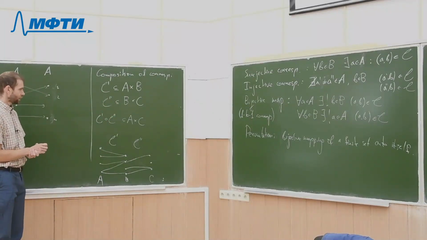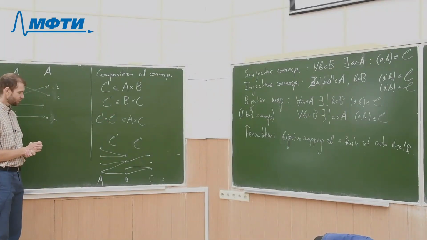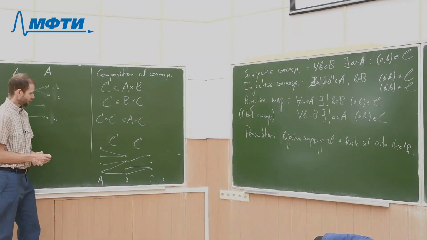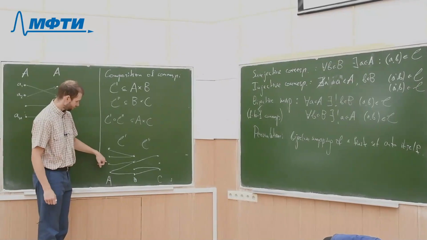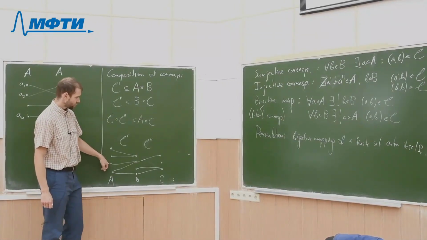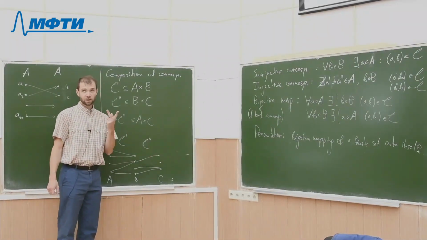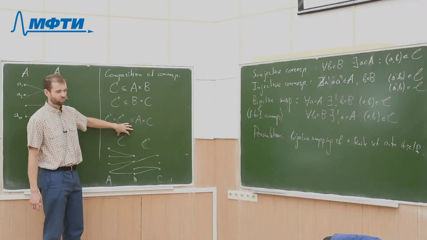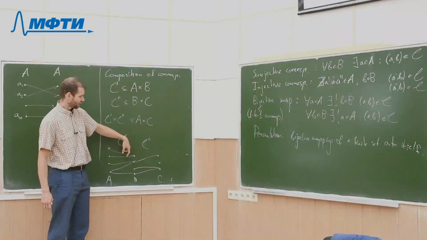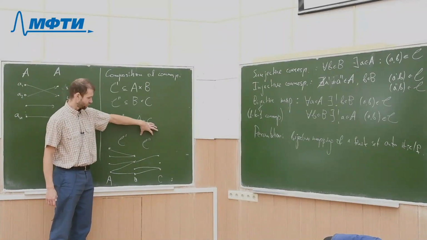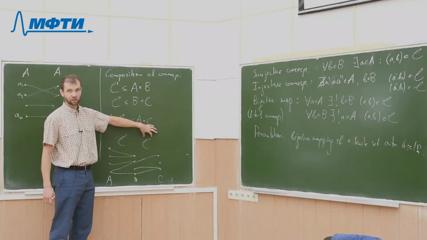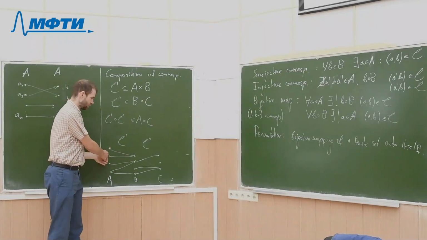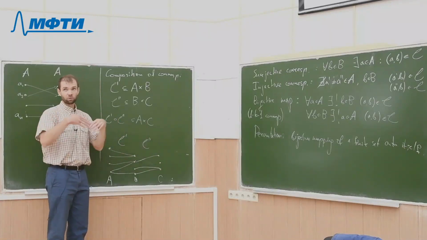Now, a correspondence between A and C, how can we define it? If we can walk from an object in A to an object of C in two steps, by using first this collection of bridges between A and B, and then following one of the bridges in C2 prime, then we say that an object of A and an object of C are in correspondence to each other.